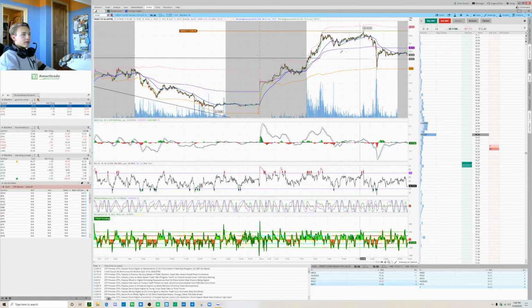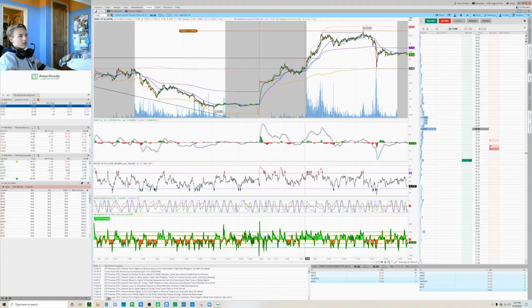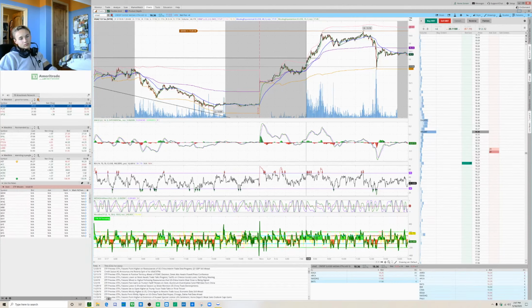Alright, so this thing had quite a bit of a downturn today. Now you can see it did consolidate before. So this is called consolidation. But we're going to do staircases.